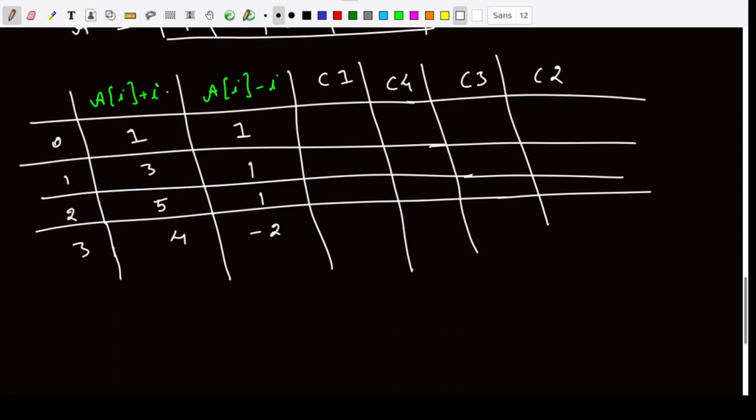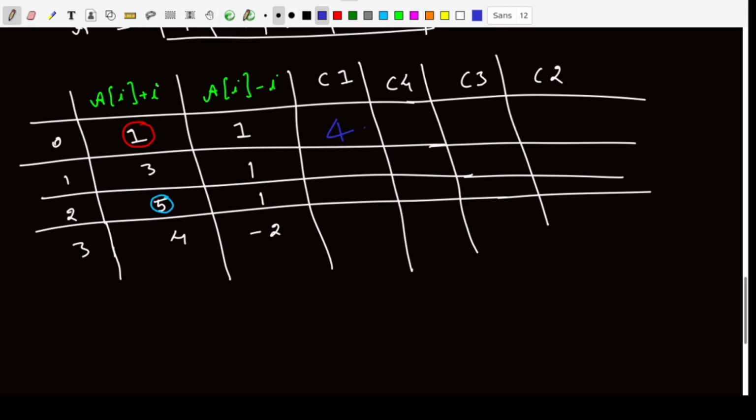The maximum value is 5, right here, and let me denote minimum by red, and minimum is 1, right? So using case 1, the resultant value we will obtain is basically 4, 5 minus 1 is 4.